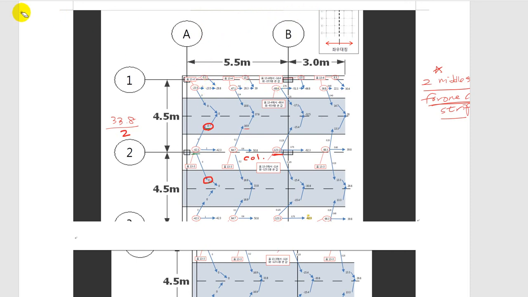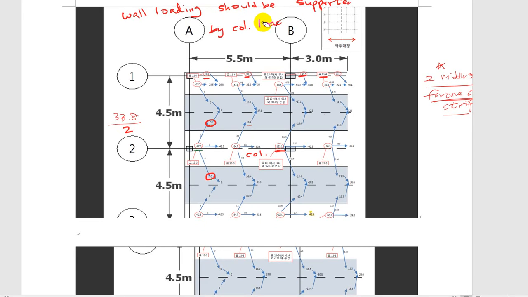Alright, so the wall loading should be resisted by the column strip. The wall loading should be supported. Okay.